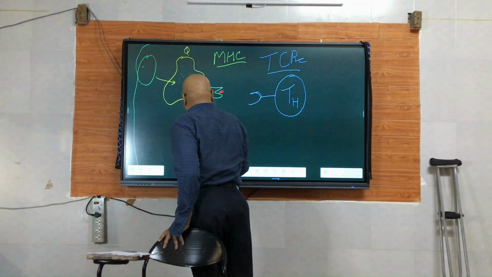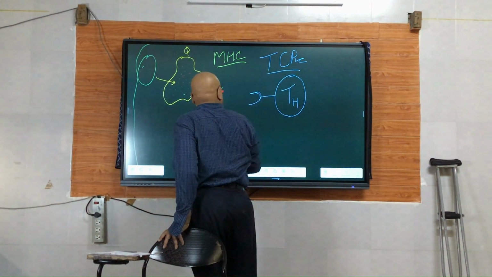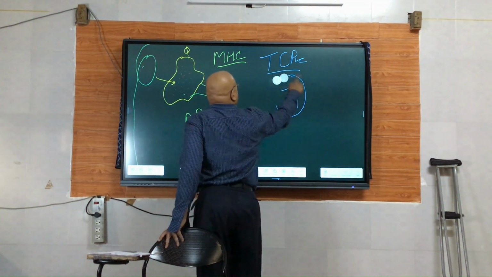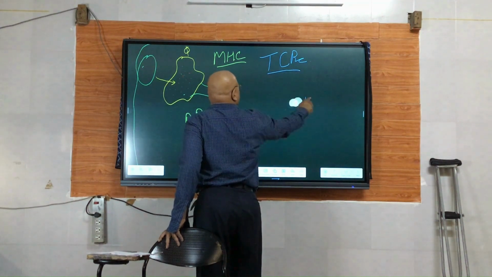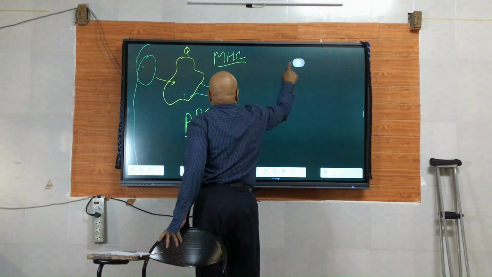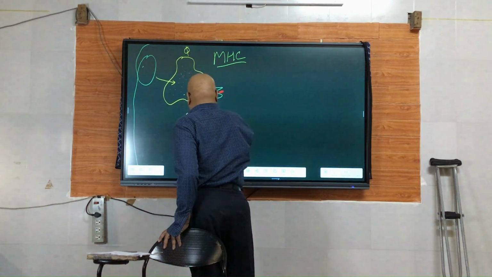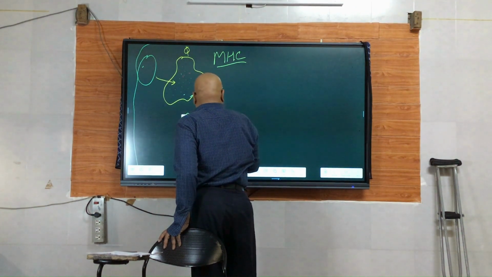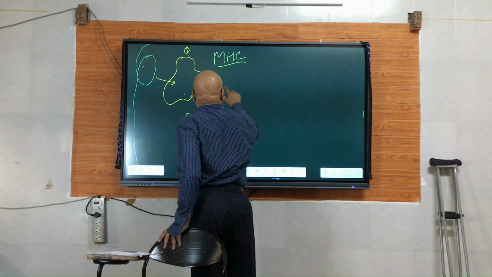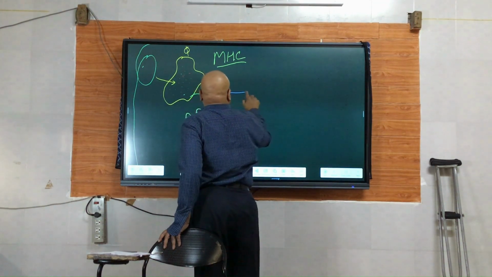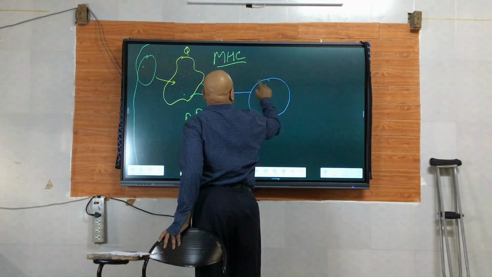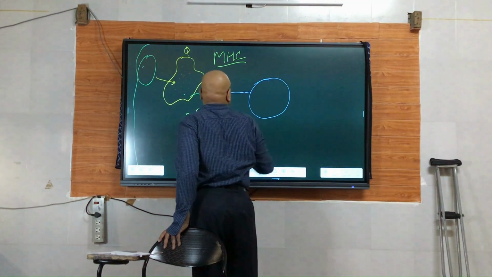cell. Now what will happen? We are going to see now. Now the T helper cell will come into the picture. The T helper cell is going to recognize this antigenic fragment in association with MHC.